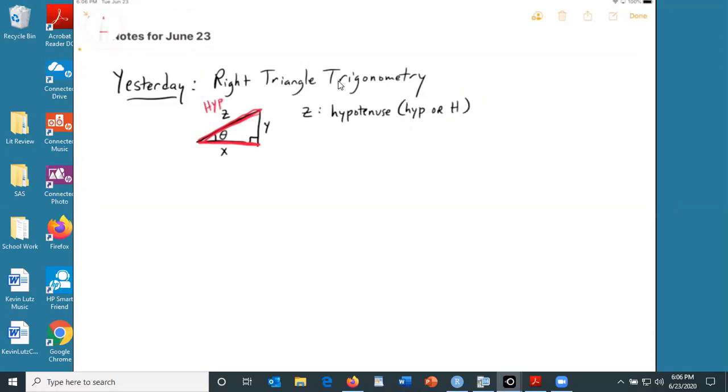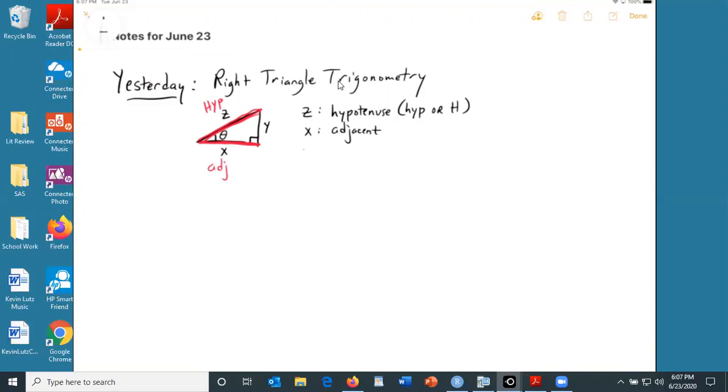So X is one of the sides of that angle, and we call that the adjacent side, meaning it's a part of the angle. Adjacent means next to or really close to. So side X is the side closest to angle theta, along with the hypotenuse.